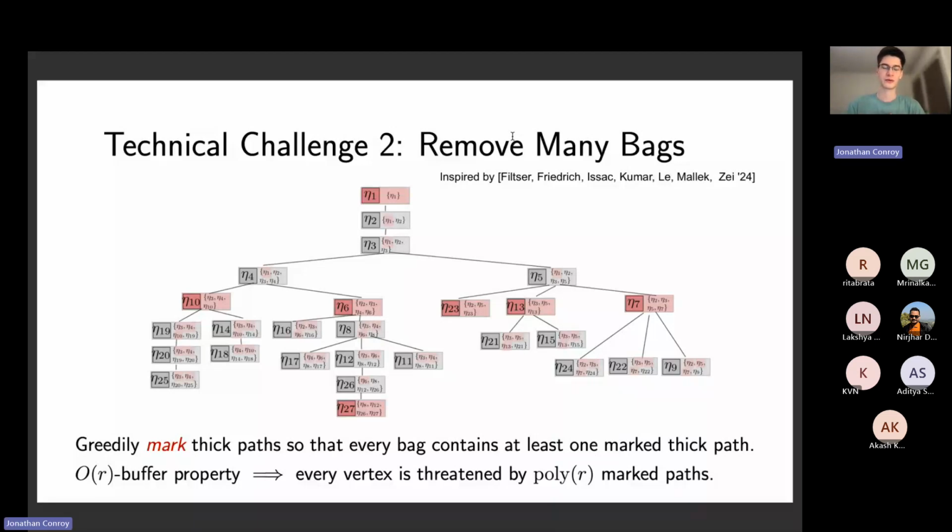What we want to do is select a set of bags that has two properties. First, every bag in our COP decomposition should contain at least one thick path that was marked.